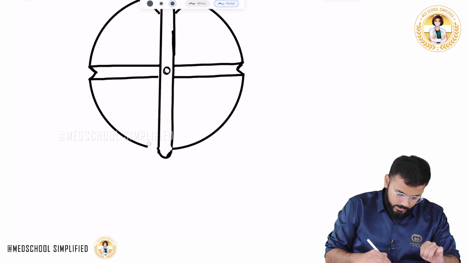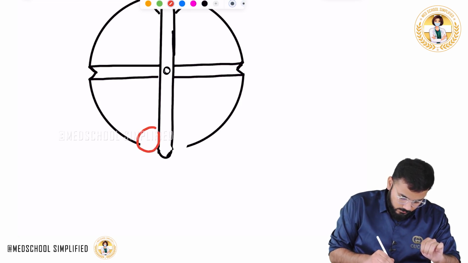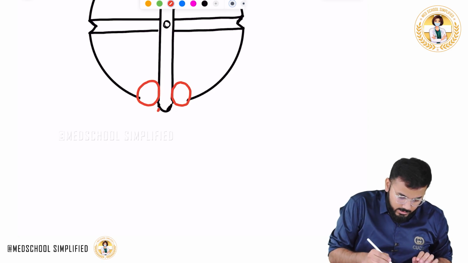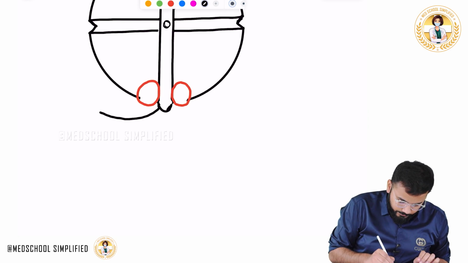And the second important thing is that, let me rub this a little bit here so that you will completely understand the structure. So this is one important structure and this is another important structure. Just beneath these structures, here we have got another important structure like this.